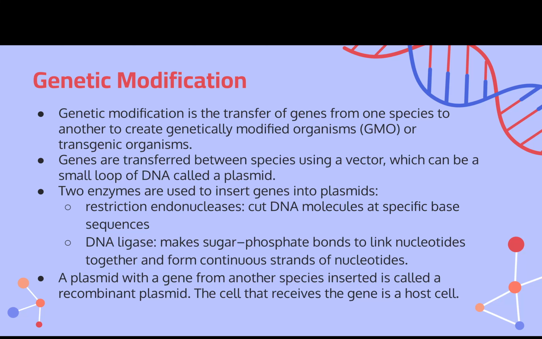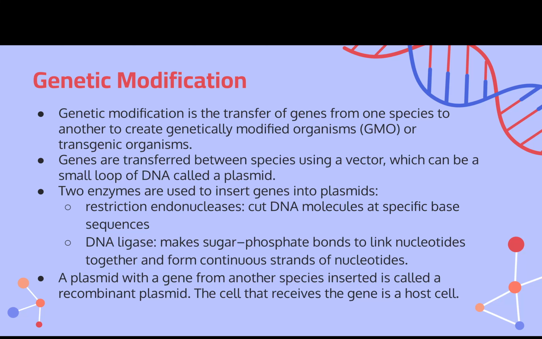There are two main enzymes that we use in this process: restriction endonuclease and DNA ligase. Restriction endonuclease cuts the DNA molecules at specific base sequences so that the gene can be attached. And then DNA ligase makes the sugar-phosphate bonds that link the nucleotides together and forms continuous strands of nucleotides.